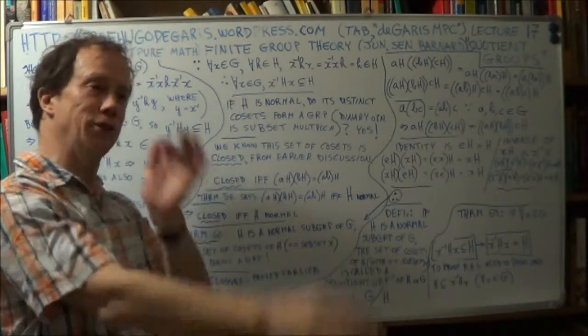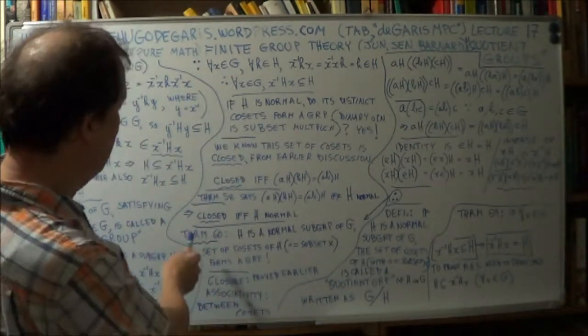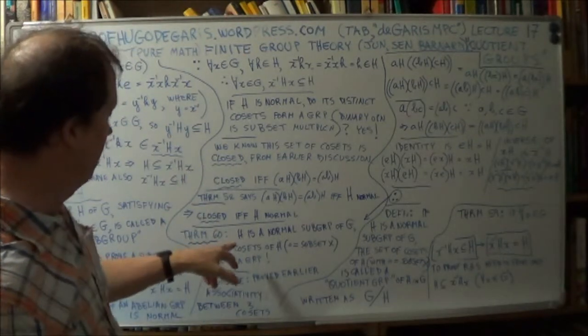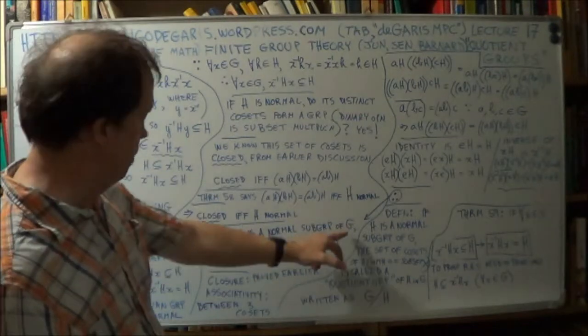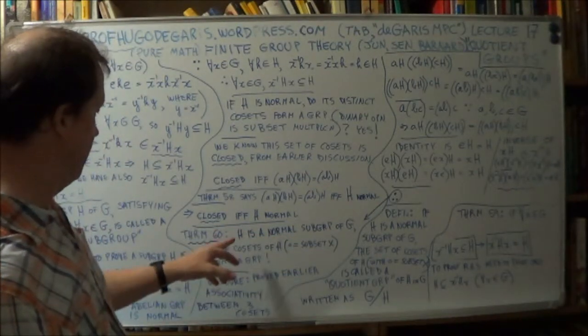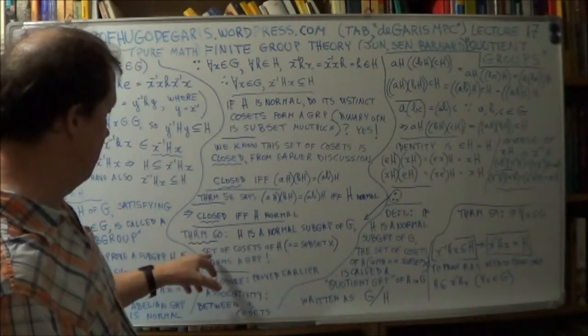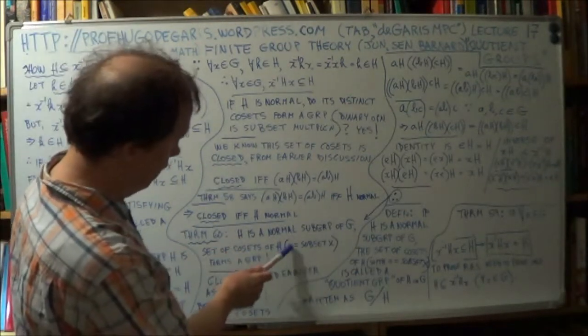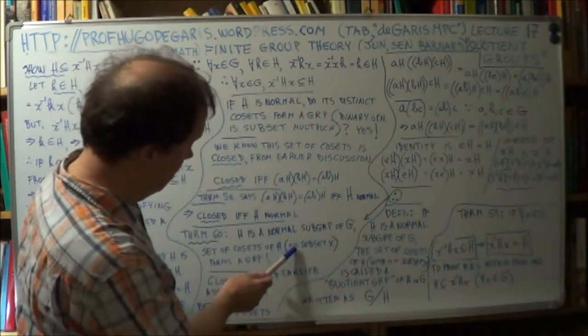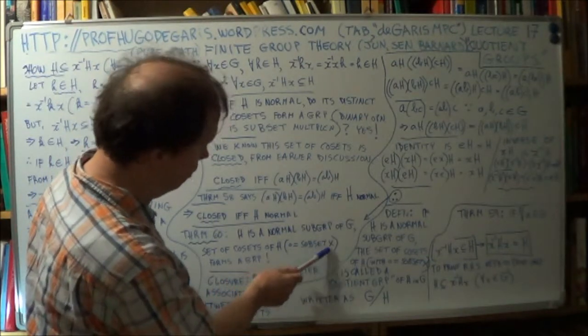So, trumpet roll, theorem 60. H is a normal subgroup of G. The set of cosets of H, where the binary operation, I've got a little circle here, is subset multiplication.